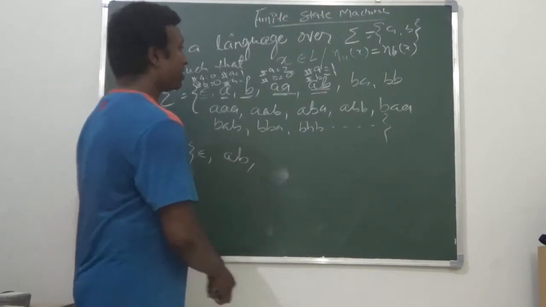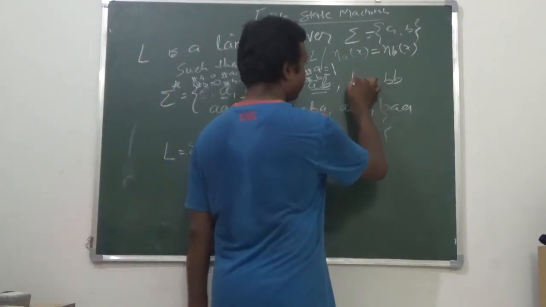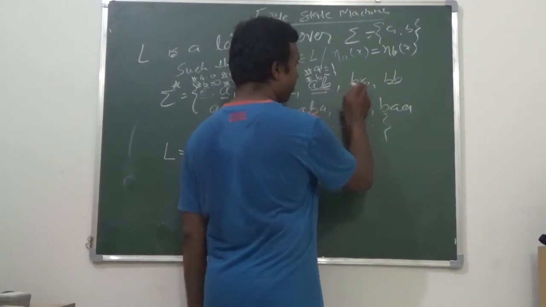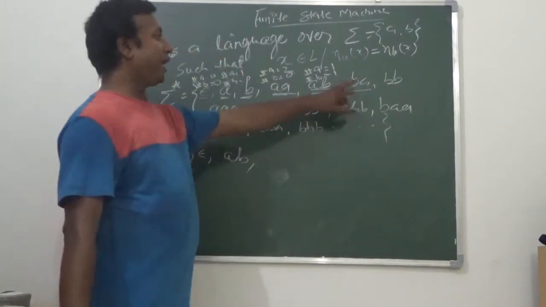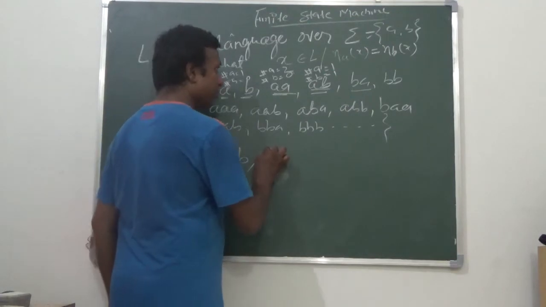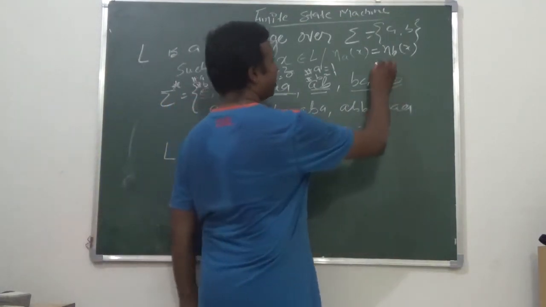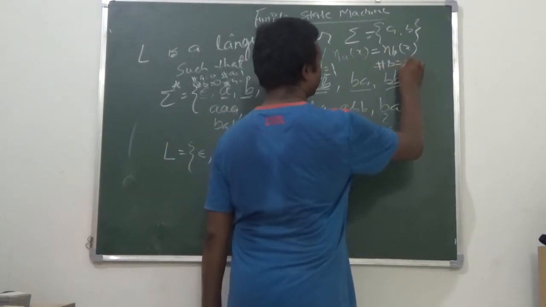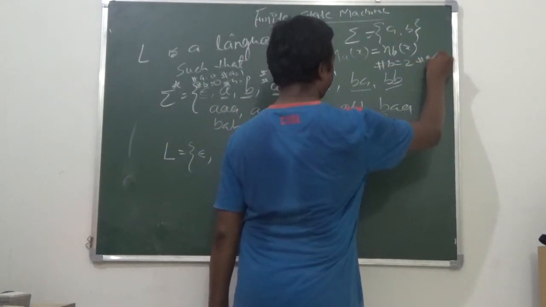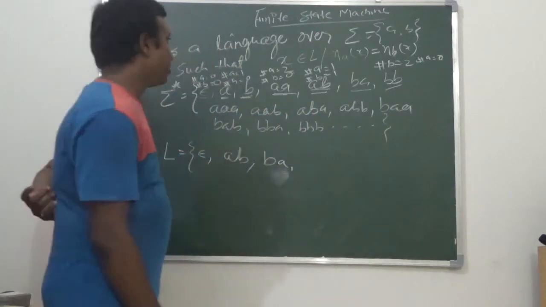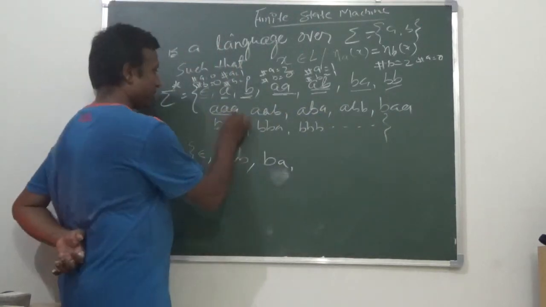AB. Same case, we have 1 A, 1 B in BA, so we should add it. BB, the number of B equal to 2, the number of A equal to 0, both are unequal, not going to add.